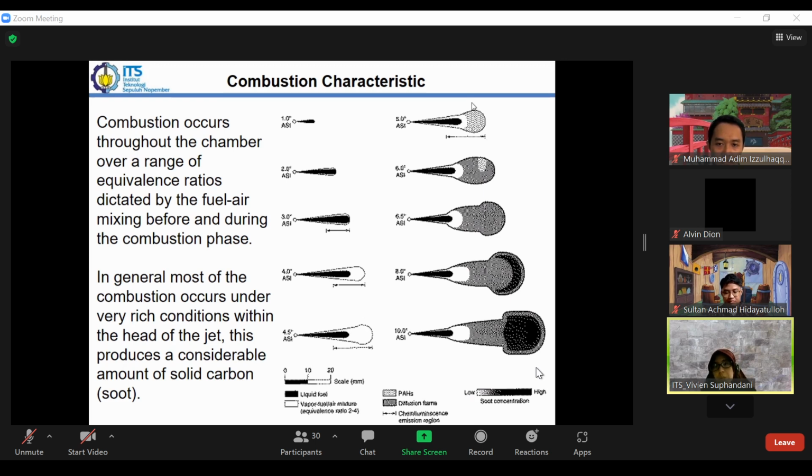At the area further away from the center, that will cause soot. We see here that the high concentration of soot occurs at the farthest area from the injection head.